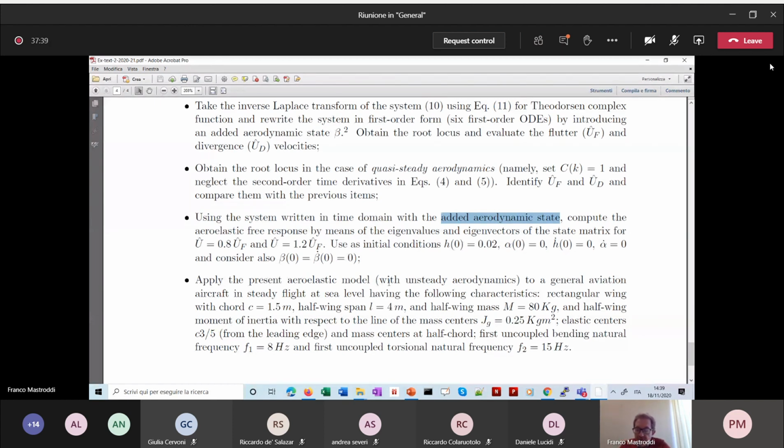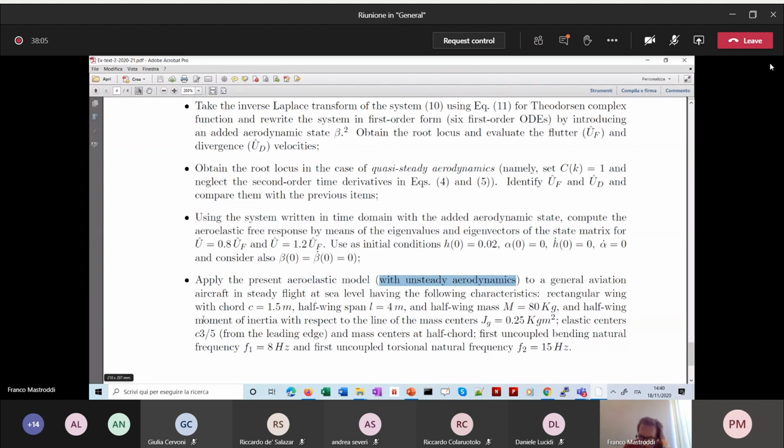Apply the present elastic model with unsteady aerodynamic to a general aviation aircraft flying at sea level having the following characteristics: rectangular wing with chord equal to 1 meter, span equal to 4 meters, and half wing mass 80 kilograms.